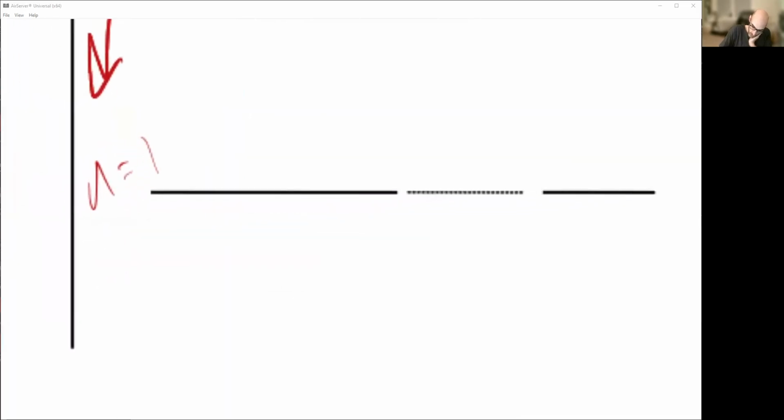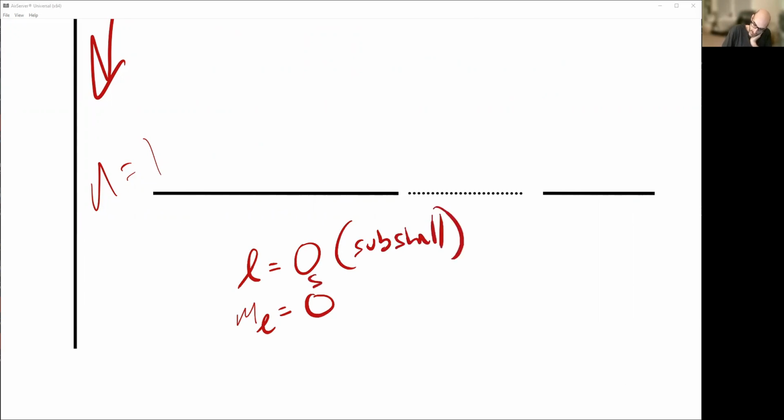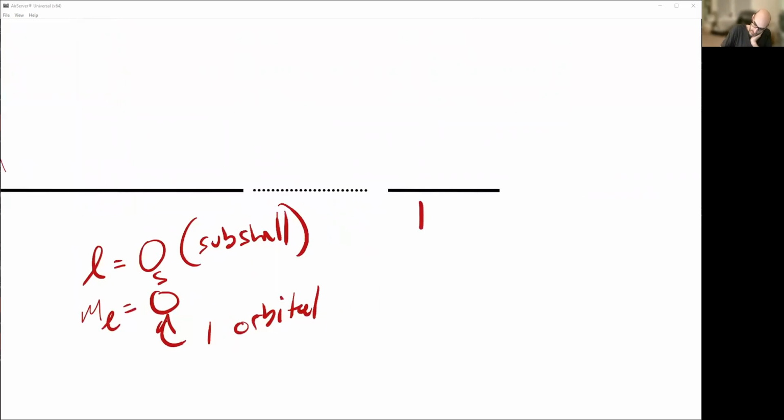So L is going to equal n minus 1, which is 0, and my m sub L is equal to 0. So that means that I'm going to have one subshell, and that one subshell has to be an S. And that means that I have one orbital within that subshell. And so there's my principal quantum number 1, and we're going to call this the 1s subshell. Makes sense, I hope.